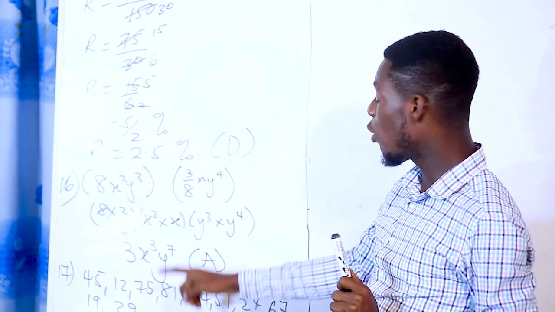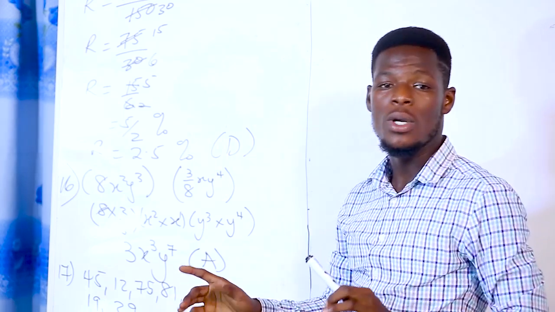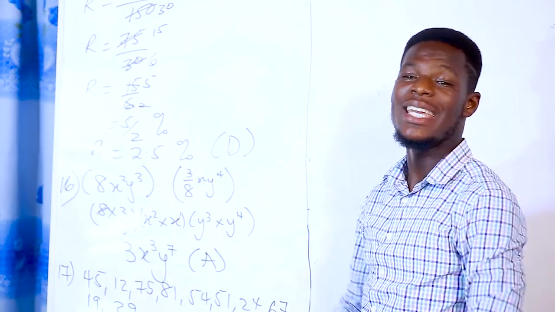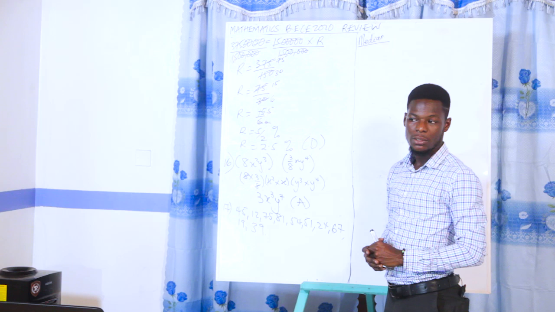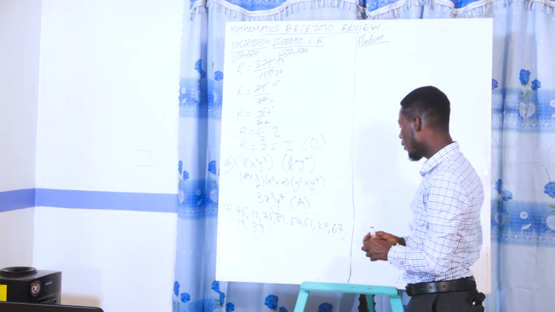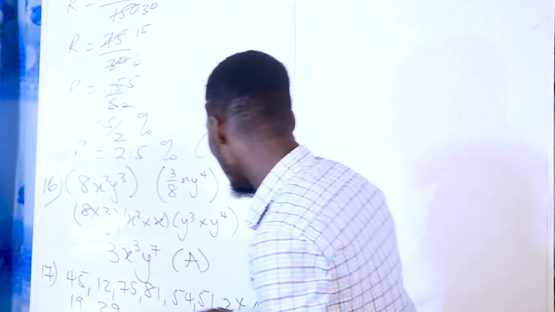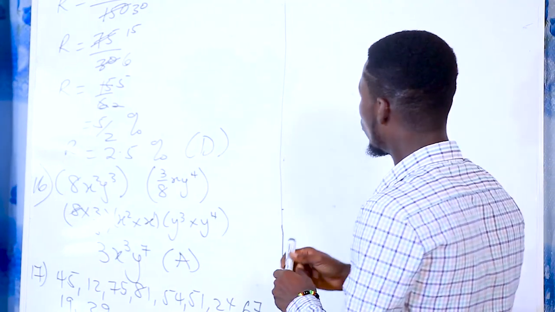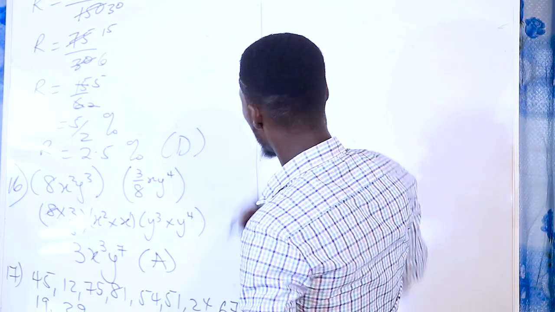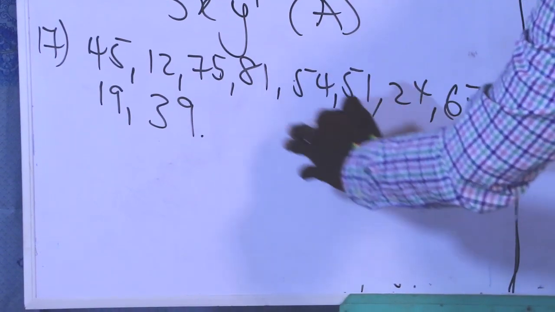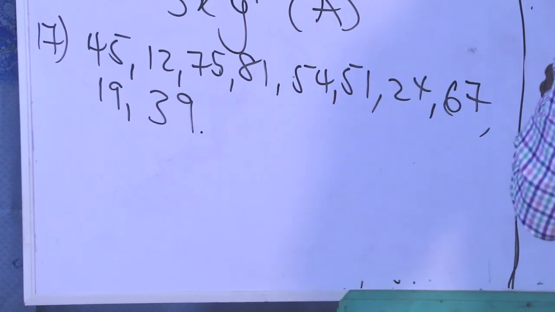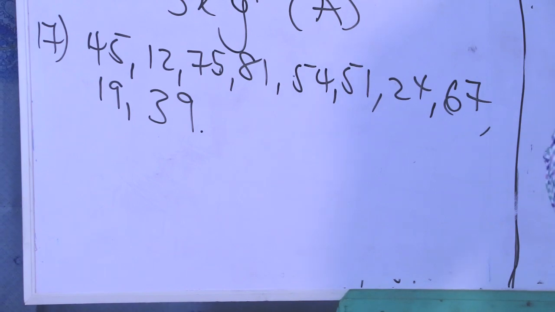And to find the median of raw data, the first thing you have to do is arrange the data in correct order, from lowest number to highest number. So when you look at these, the lowest number is 12. The next is 19. The next is 24.